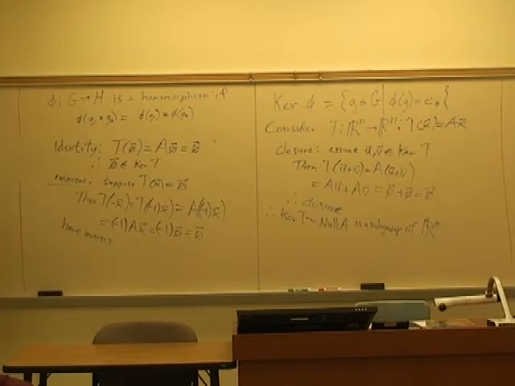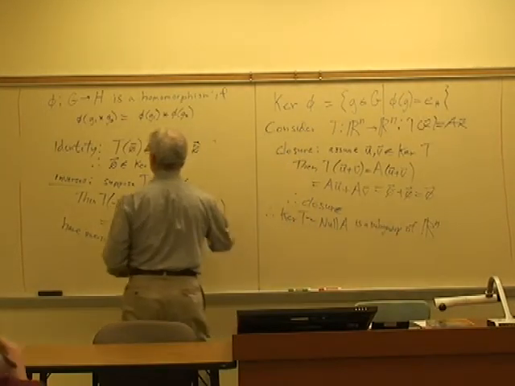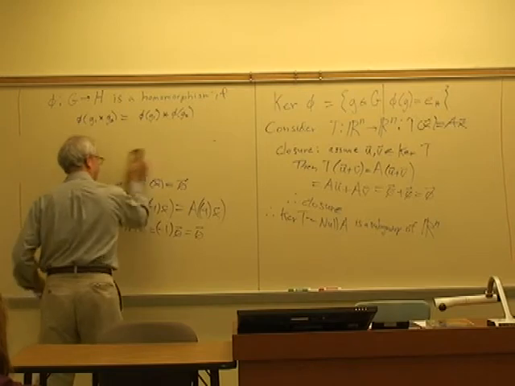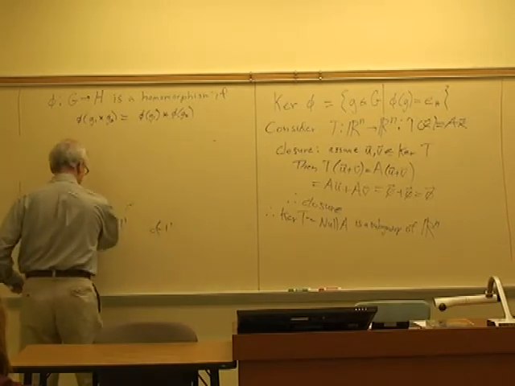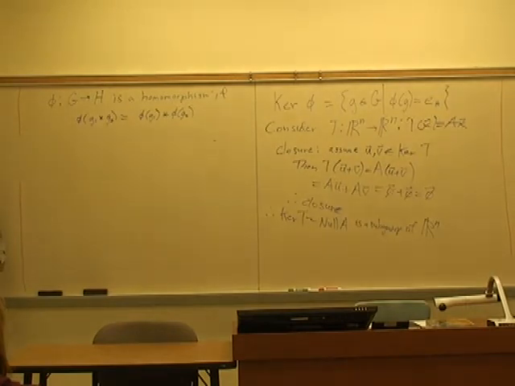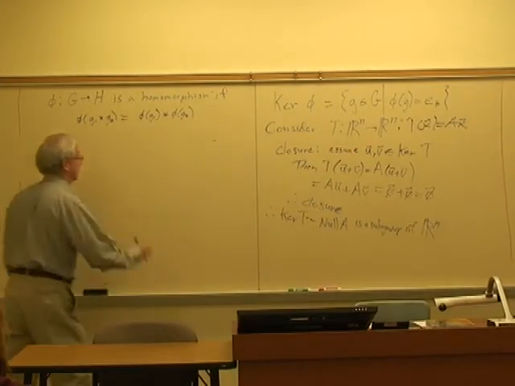But this was way too much work. What did I just prove before we started with this example? I proved that the kernel of any homomorphism is a subgroup. So all I really need to show is that this map is a homomorphism.